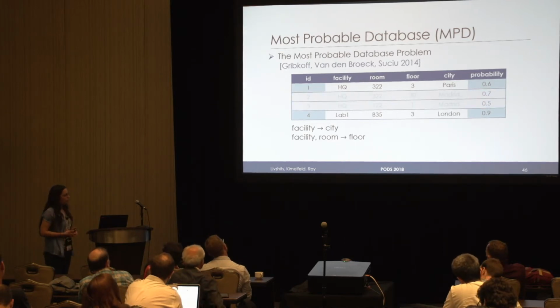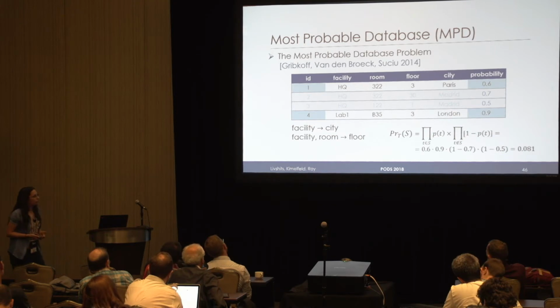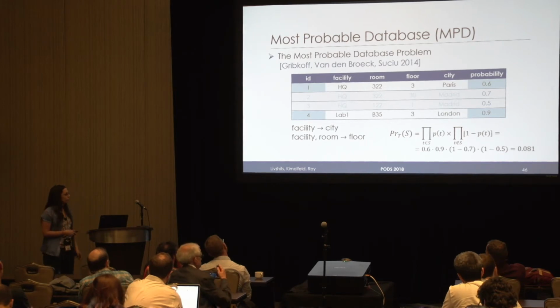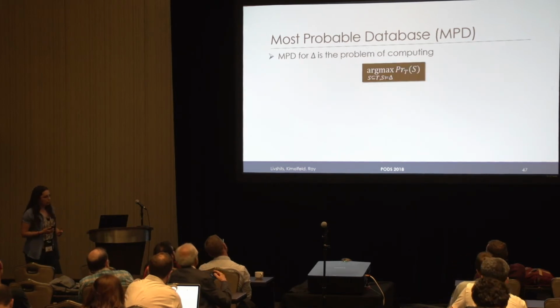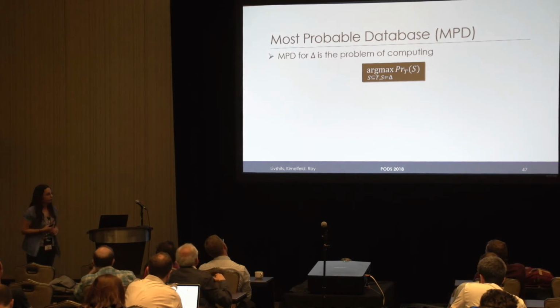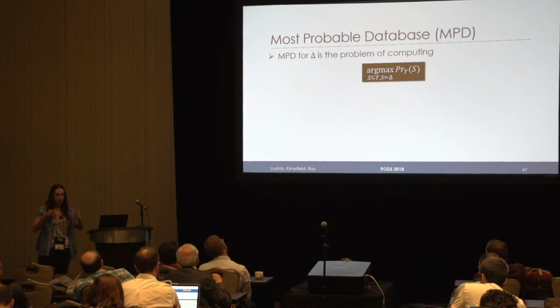It satisfies the functional dependencies, and the probability of this possible world is just the probability to select tuples 1 and 4 and to remove tuples 2 and 3. So the most probable database problem is the problem of finding a possible world that satisfies the set of functional dependencies and has the highest probability among all such possible worlds.